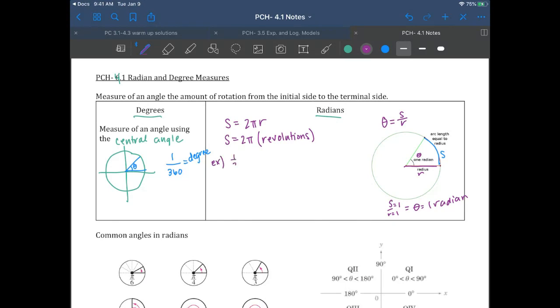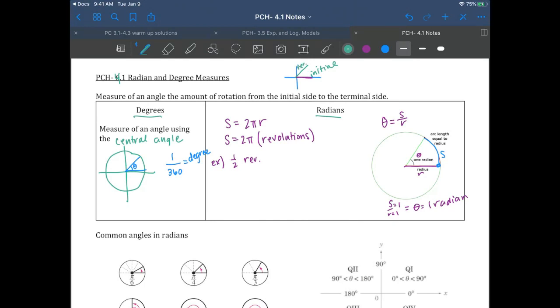Let's do a half revolution around a circle. So that would be like from our initial side. Remember, initial side is the side on the x-axis, and our terminal side is wherever we end up. So initial is where the arm starts, terminal is where it stops. Okay.